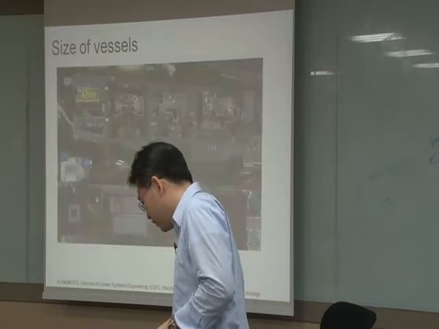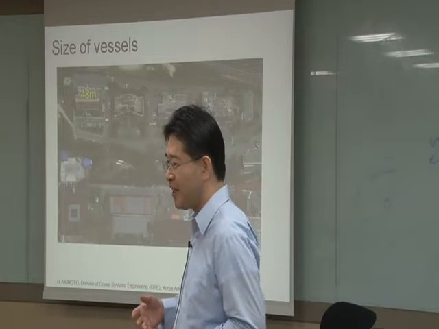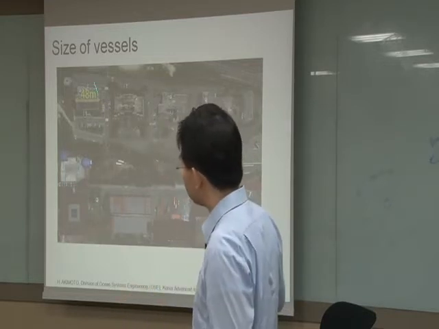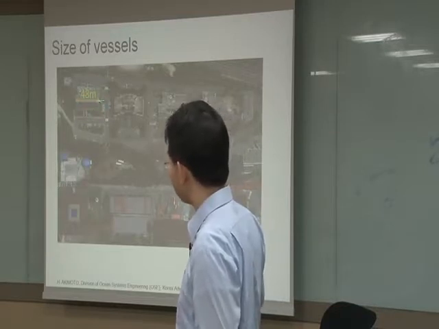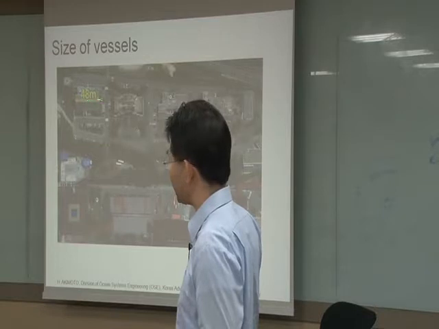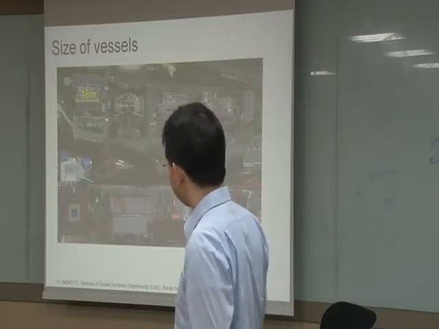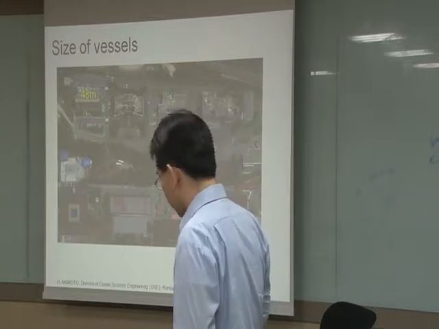But we have to compare the size of the ship in our familiar length scale. This is the Eureka building. This is about 48 meters. So I guess you know this place and the size of each building.